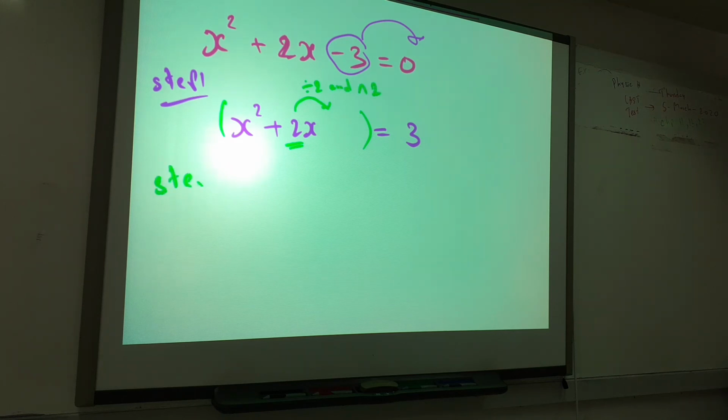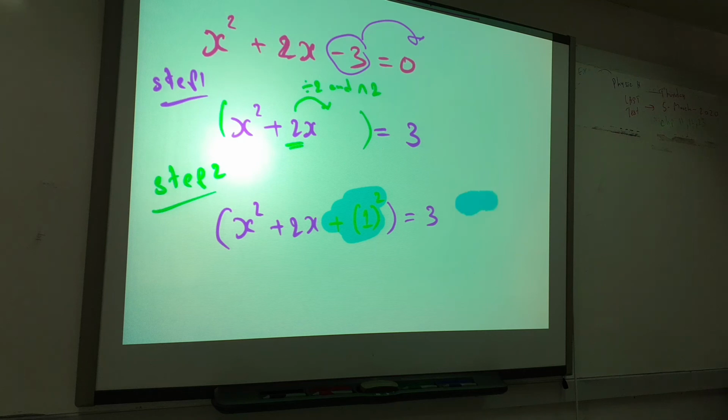This is step 2: x squared plus 2x plus open bracket 2 divided by 2, which is 1, close the bracket squared. What did I just do here? I added 1 squared. You do the same thing on the other side: add 1 squared.